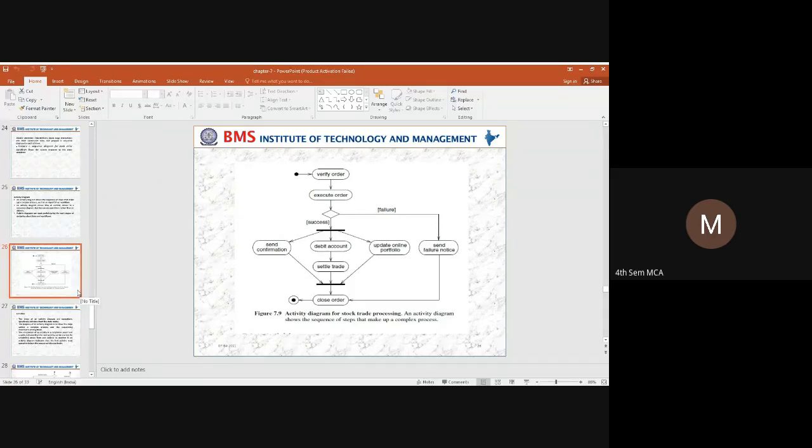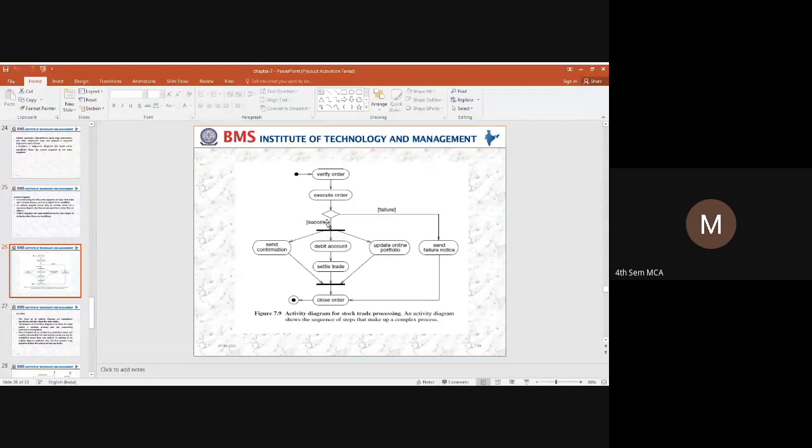So the solid circle indicates the initial state. It will go to the verification of the order. Once it goes to the verification order, it will transfer the control for executing the order. For execution of order, it has to verify the condition. So what is the condition? Either success or a failure.